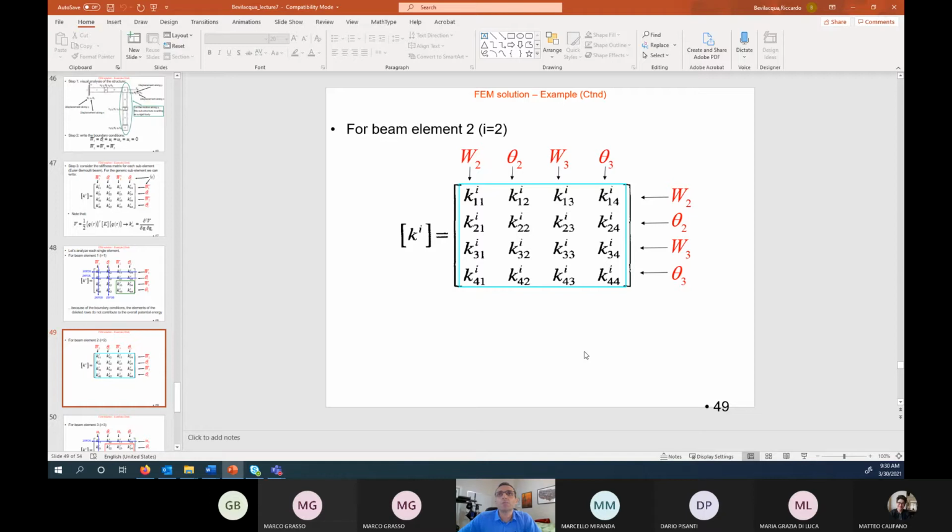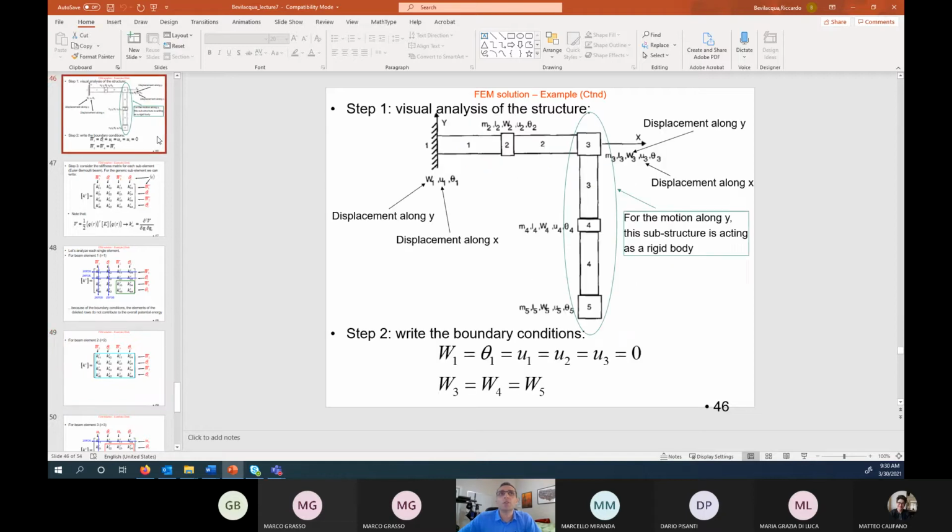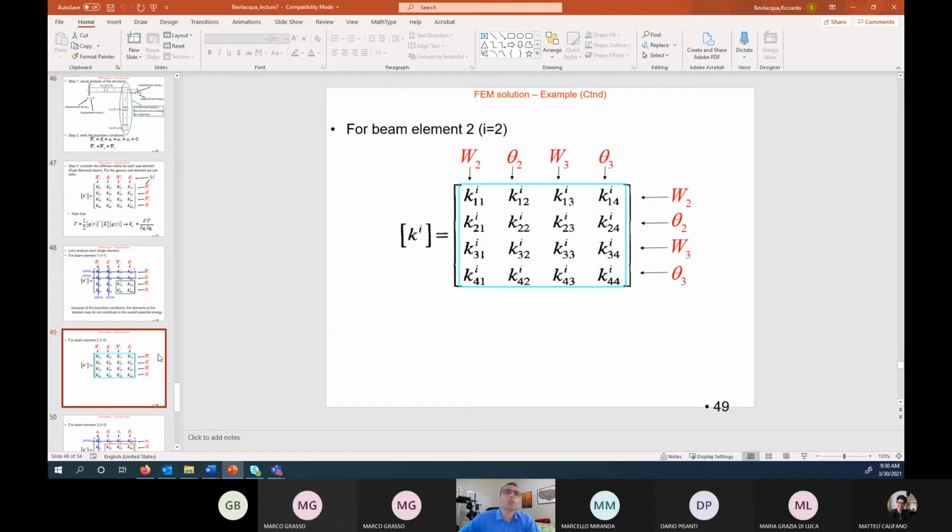For the second element, go back to the image here. For element 2, the left-hand side is node 2 and the right-hand side is node 3. Everything can move and can contribute to the potential energy in principle, so we retain everything.